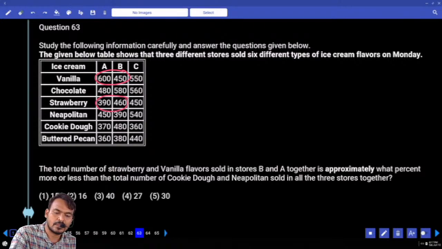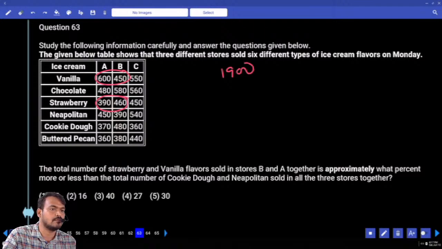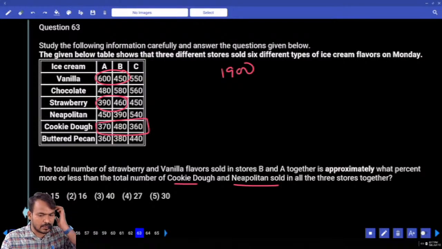Strawberry both 850. 1050 plus 850, 1900. Yes or no? Next, again cookie and Neapolitan in all the 3 stores. Cookie in all the 3 stores means adding these 3 values: 370 plus 480, 850. 850 plus 360, 1210.